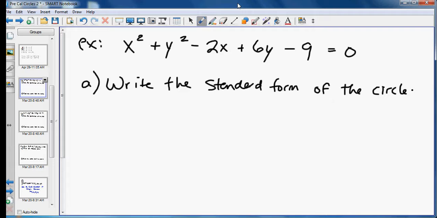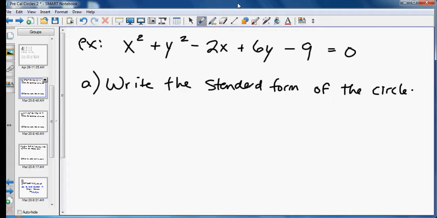Okay, so let's begin. For this equation, we want to write the standard form of the circle. I'll go ahead and tell you, to do that, we're going to have to complete the square. In fact, not just once, but twice, because we'll have to complete the square for both the x values and the y values. But here's the good news.